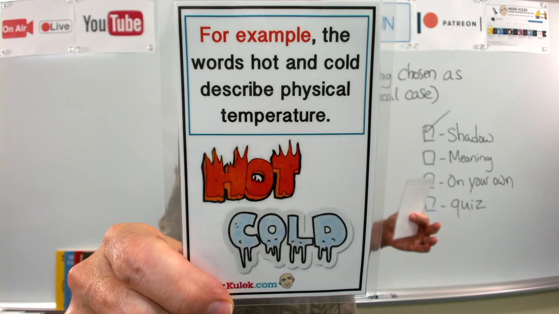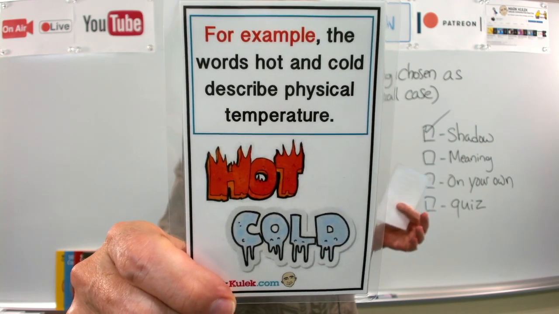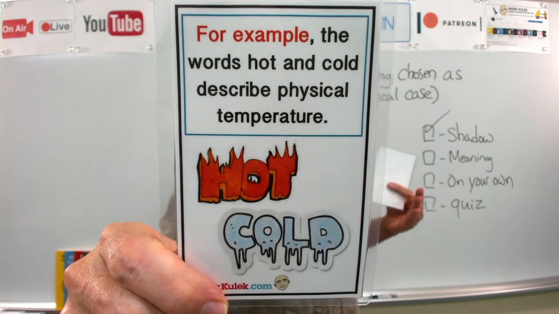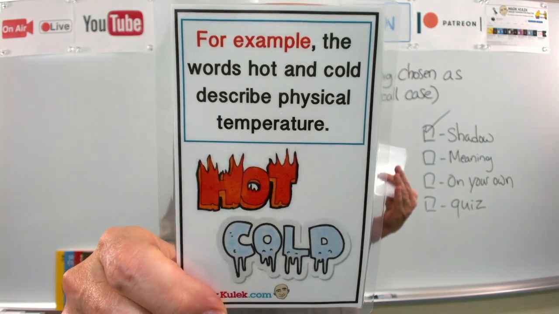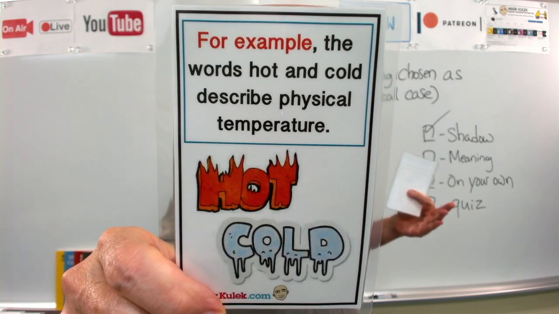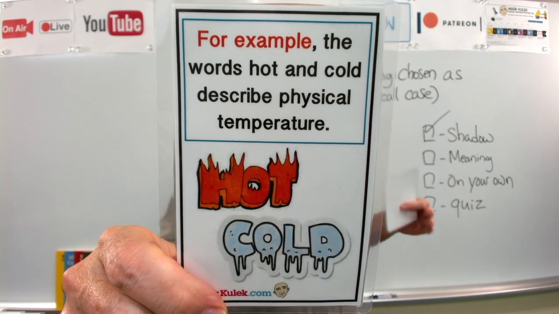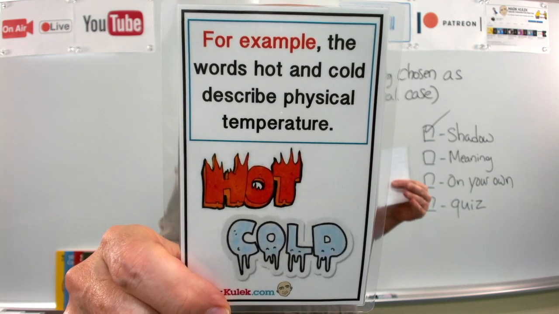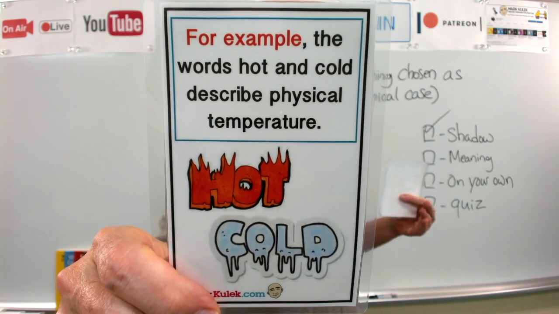So in a typical case, right? So physical is, we can touch it, we can feel it. It's physical. We can see it, we can feel it, we can touch it.